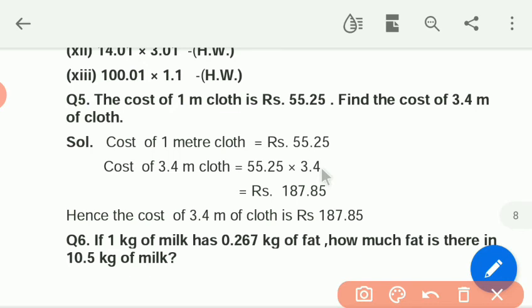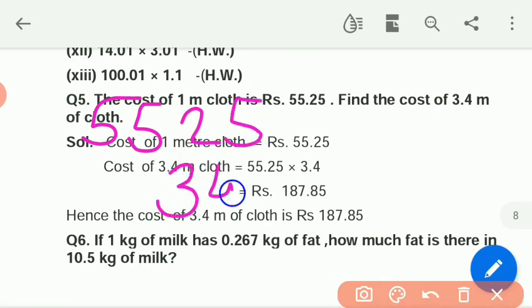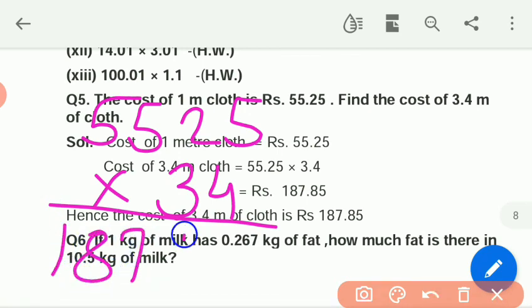So first you have to multiply as a whole number. First we will remove the decimal, so it can be written as 5525, and 3.4 can be written as 34. If you multiply, we will get the answer 187,850. Now count the decimal. Here the decimal is given in 55.25 and in 3.4.